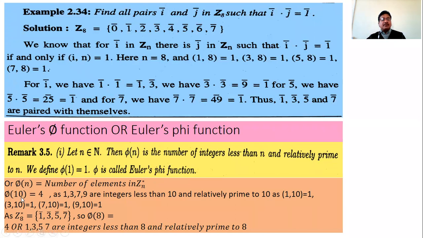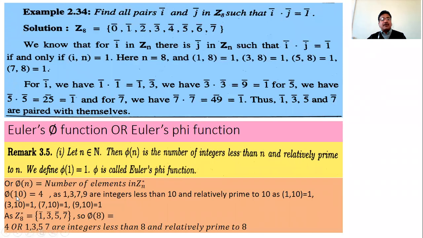So what are the numbers relatively prime to 10? 0 is not relatively prime to 10 because the greatest common divisor of 0 and 10 is not 1. Then 1 and 10 greatest common divisor is 1. Then 2 and 10 greatest common divisor is 2. 3 and 10 greatest common divisor is 1, so 3 is relatively prime to 10. Are 4 and 10 relatively prime?